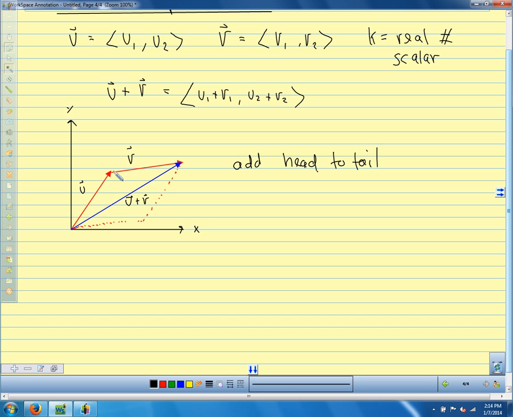And the head of the vector is where our arrow is. All we're doing is adding the components. When we add them together, we go a total of this number of units in the x direction, a total of that number of units in the y direction.